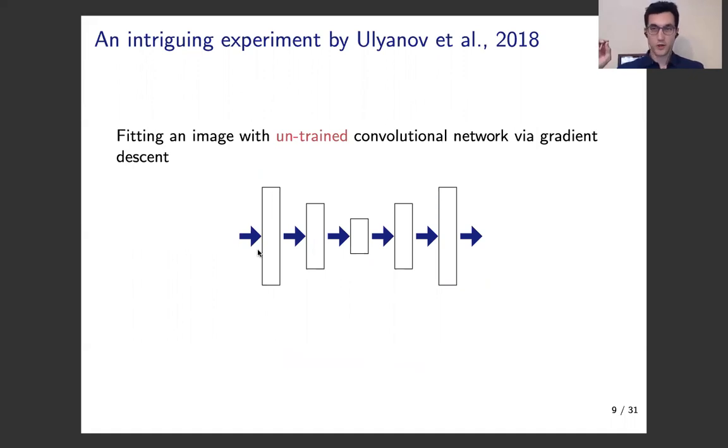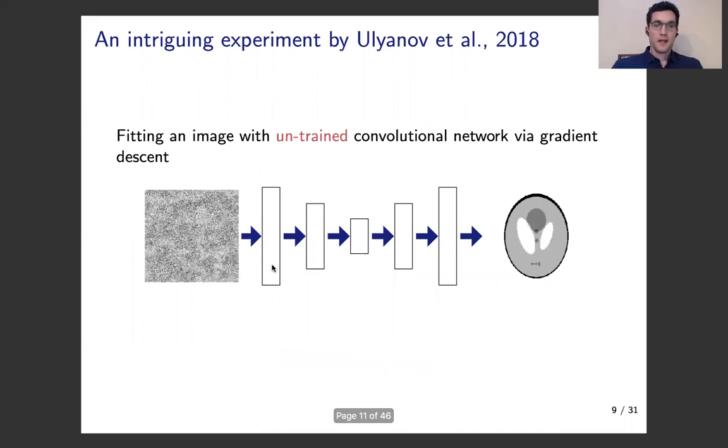They didn't train the UNet; they just input some noise or something else, it doesn't really matter. And then as an output, they tried to fit this network to one image only. So essentially they train it on one image.